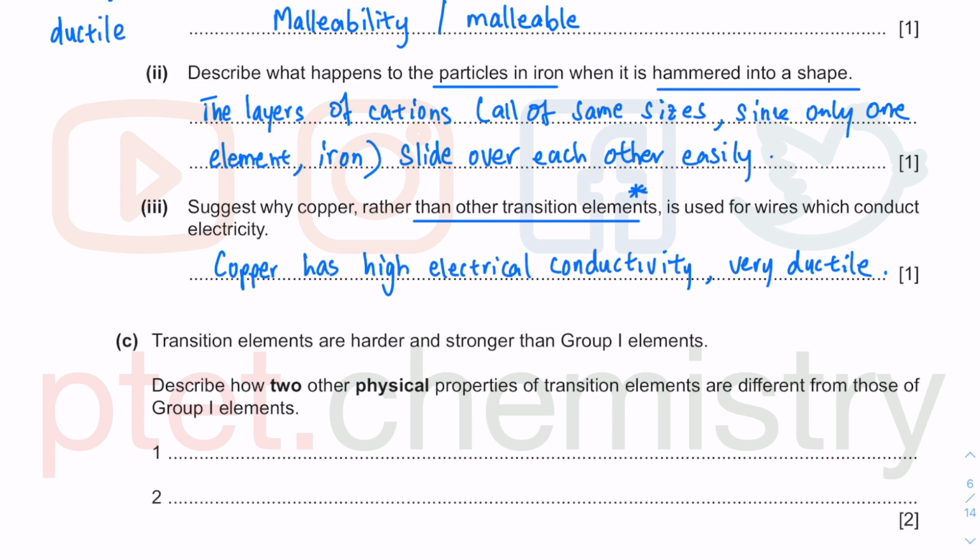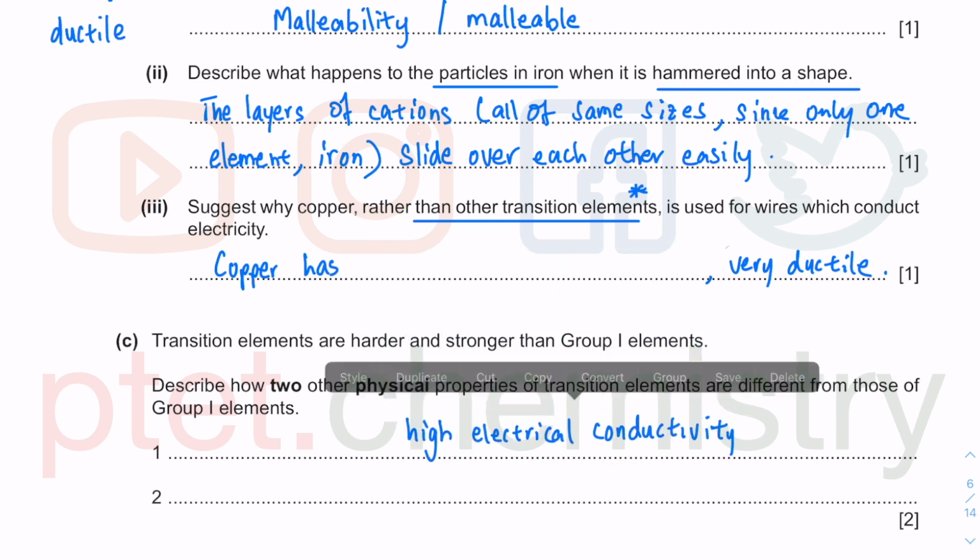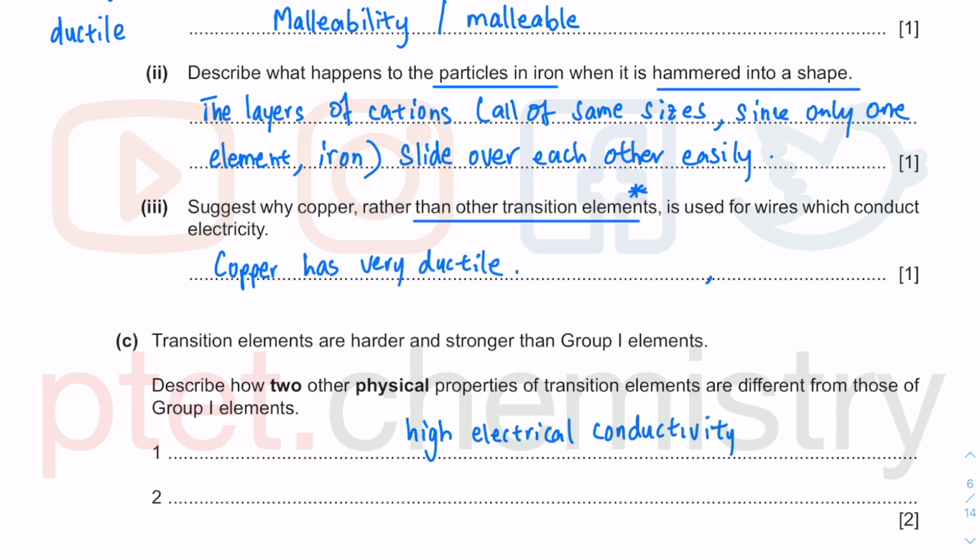Perhaps I can talk about ductility rather than electrical conductivity, because that is actually a lot more important in being used as a wiring equipment.